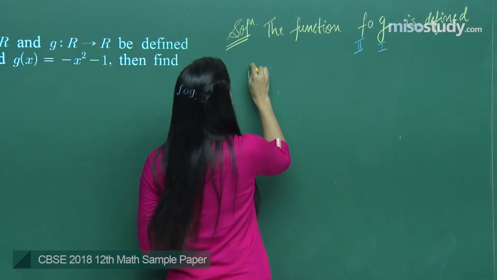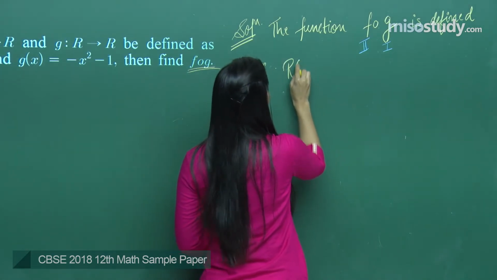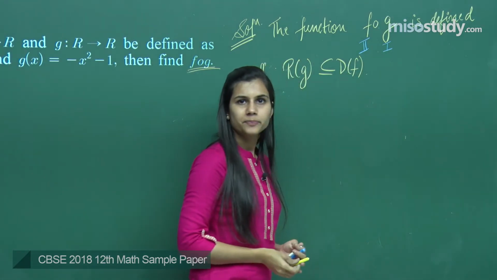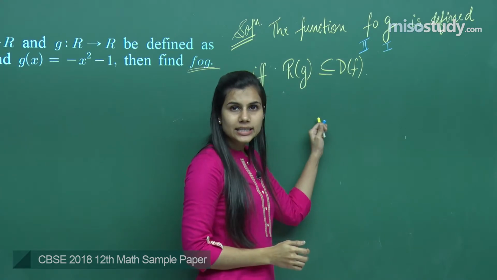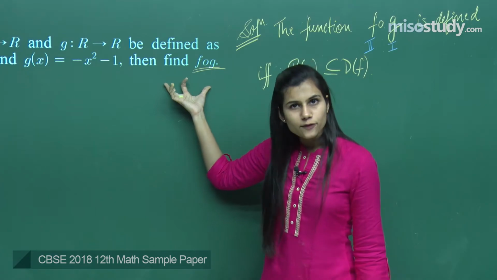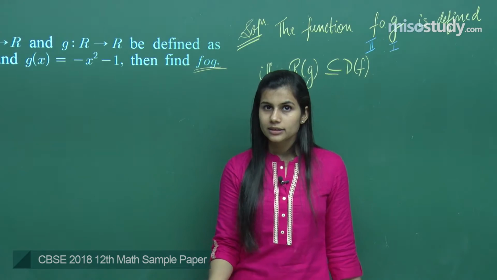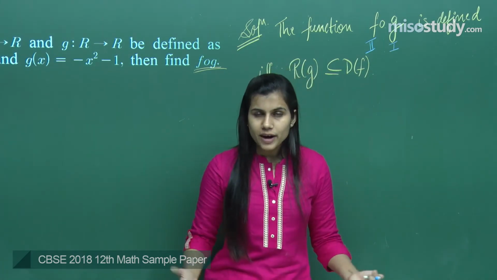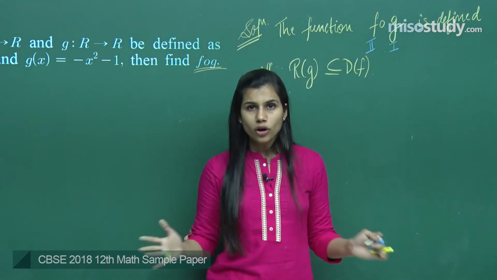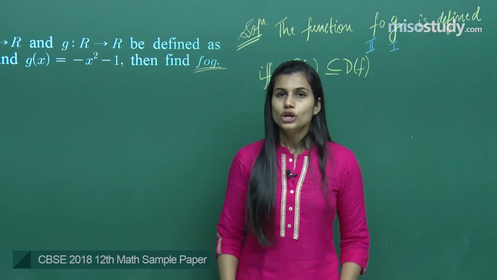Fog is defined only and only when the range of g is contained in the domain of f. Until and unless this condition holds, fog cannot be defined. Forget about finding fog. If it's not even defined, how can we find what it looks like? So let's first check if fog is defined or not, and if it is defined, we are going to find how fog looks like. If it is not defined, end of discussion, there is no fog existing in this case.